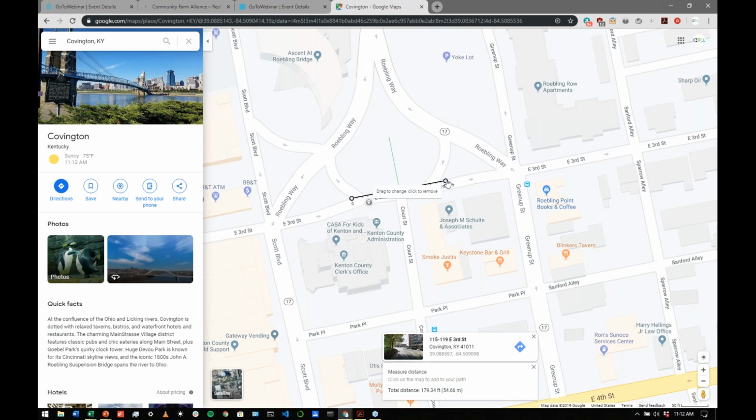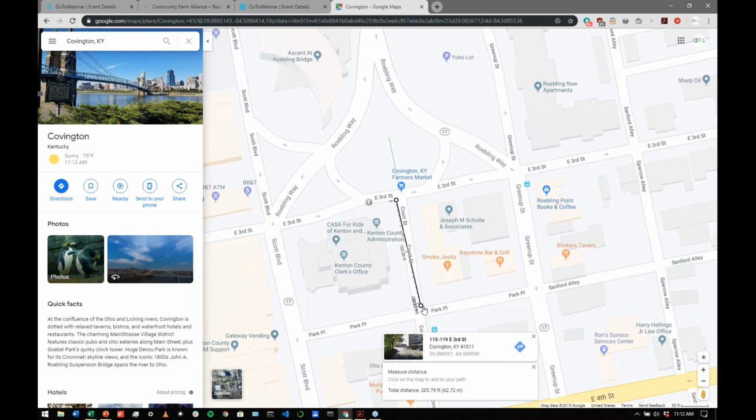So if you wanted to examine a new location, let's say the market is going to relocate to Court Street and you need to know how big it is. You can save yourself a trip to get a pretty loose estimate. So it is 207 feet from corner to corner. You potentially could get 20 tents right up against each other along one side.